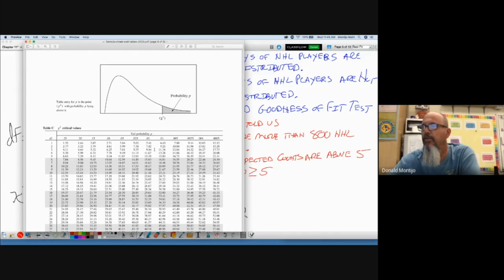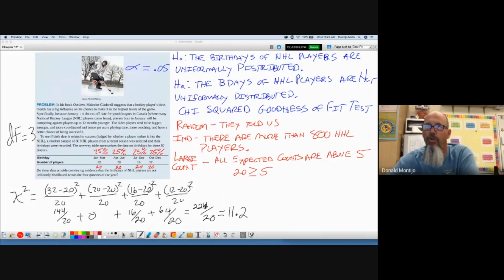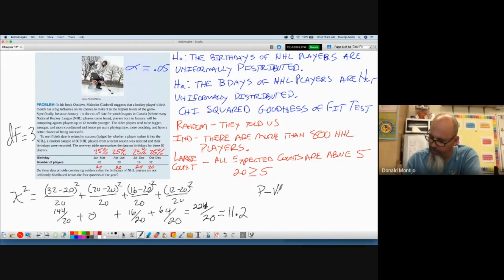So my p-value is bigger than 0.01, but smaller than 0.02. So clearly it is less than the stated alpha level of 0.05. If the p-value is less than the alpha level, the data is statistically significant and we reject the null.